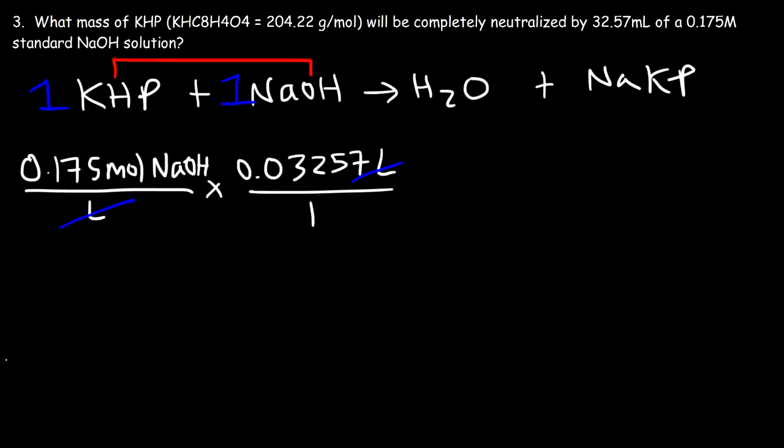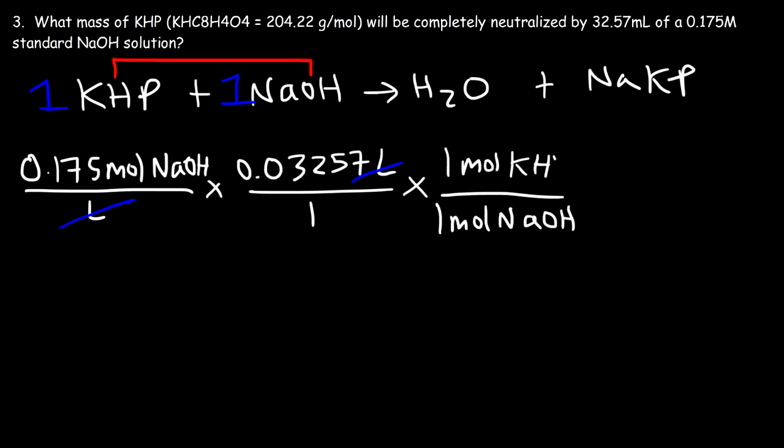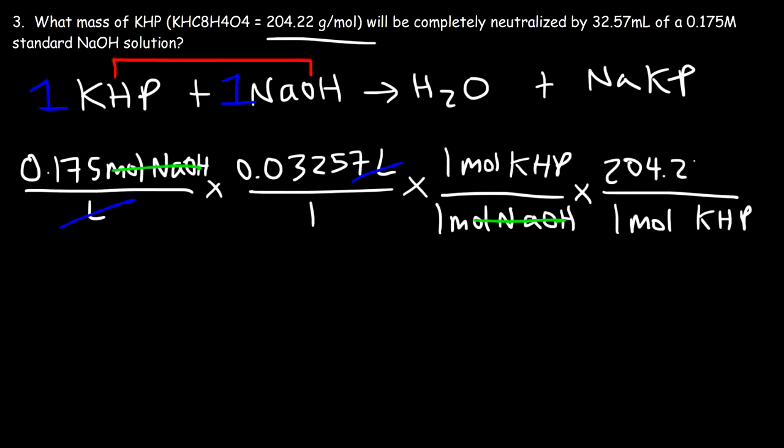Now let's convert from moles of NaOH to moles of KHP. So it's a 1-to-1 ratio. For every mole of sodium hydroxide that reacts, 1 mole of KHP will react as well. Now the last thing we need to do is convert the moles of KHP into grams using the molar mass. So 1 mole of KHP has a mass of 204.22 grams.